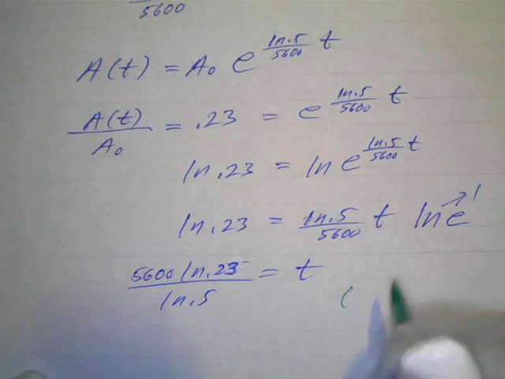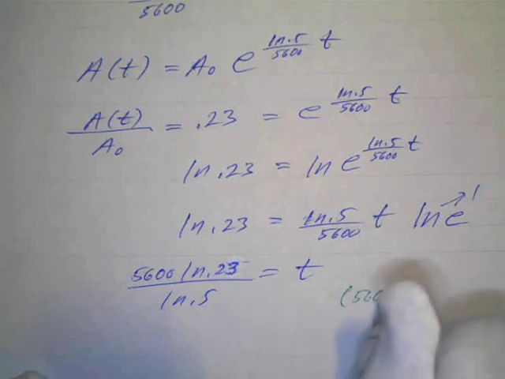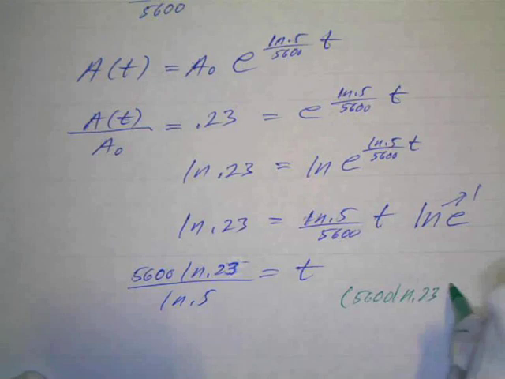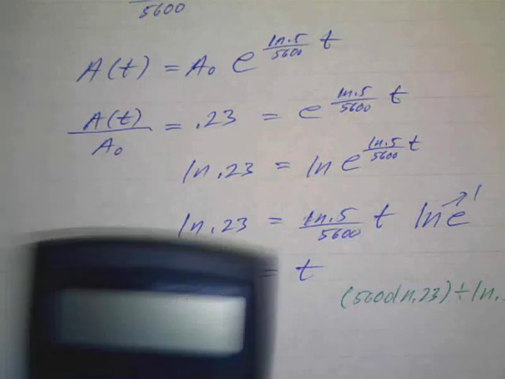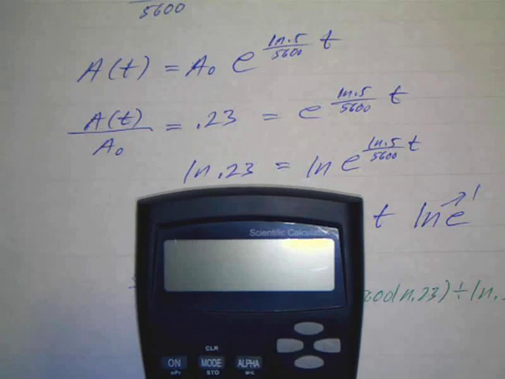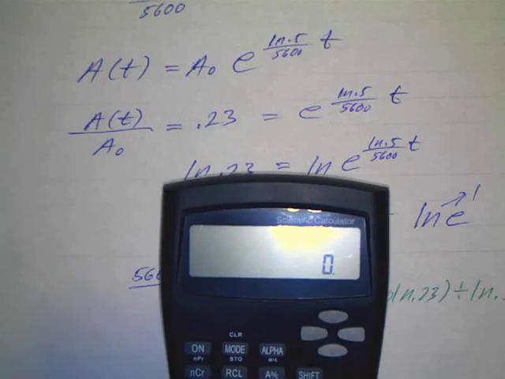So just parentheses, 5600, natural log of 0.23, divided by natural log of 0.5. See what we get. Oops, I've got to put parentheses around the top of my fraction, because I've got a fraction.